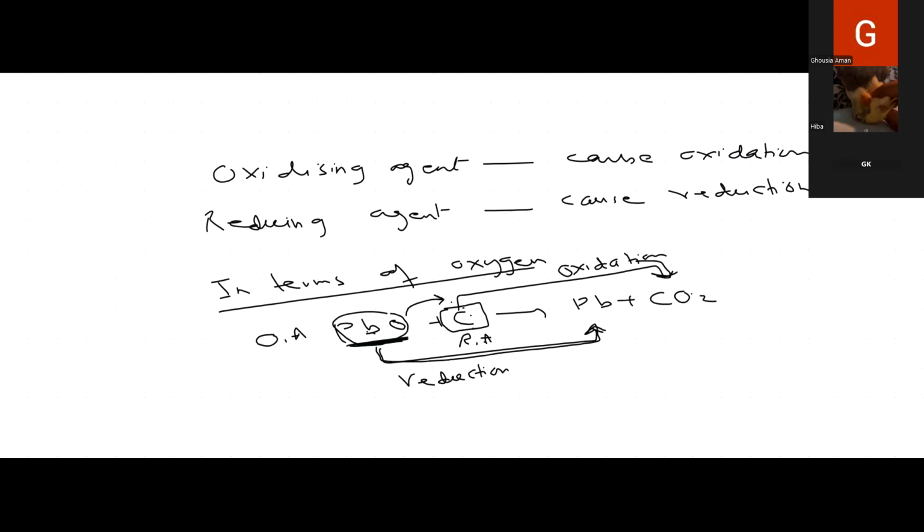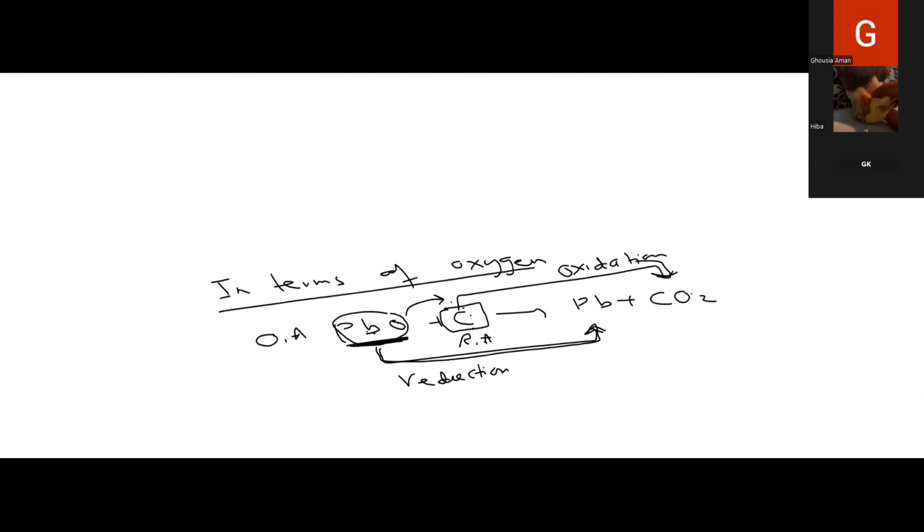We are not going to learn the definition. We will first write the equation and then we will make our own definition. Like I can see over here, lead oxide is an oxidizing agent. So what it is doing, it is giving oxygen to carbon. So we can say that oxidizing agent supplies oxygen. It gives oxygen to something to be oxidized. And what is the reducing agent doing? Snatching away the oxygen.